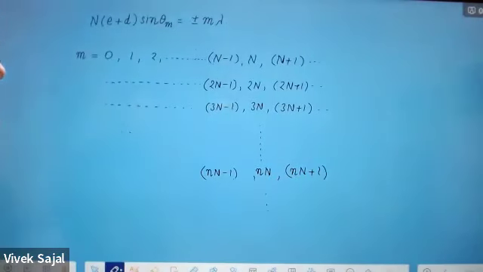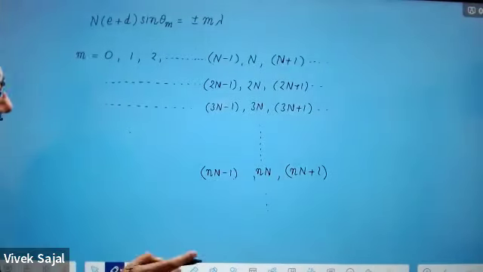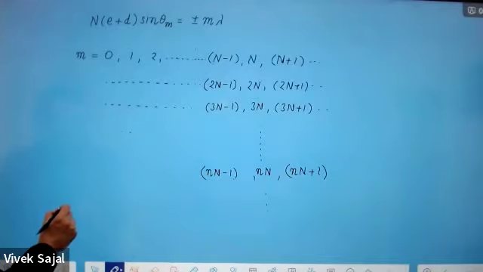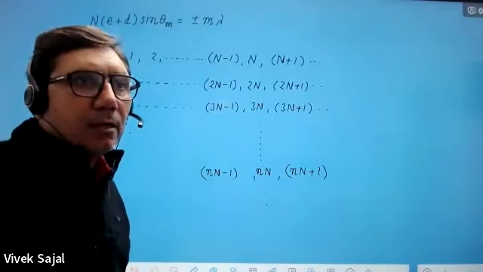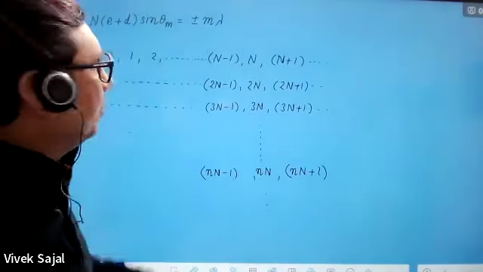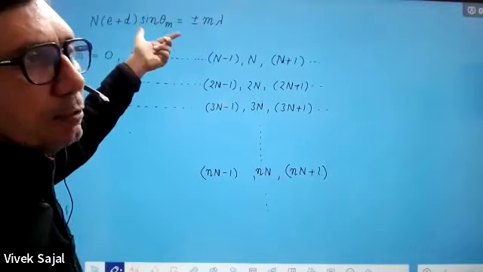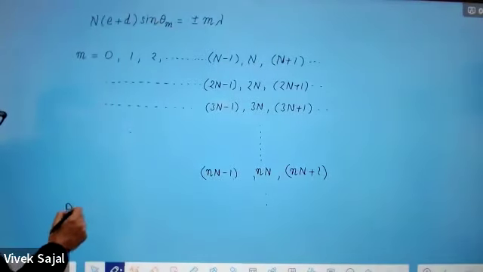Can you tell me which values of m are not possible? Those values of m will not be possible which will convert this equation into the equation of principal maxima.